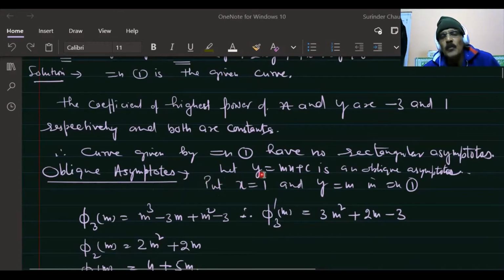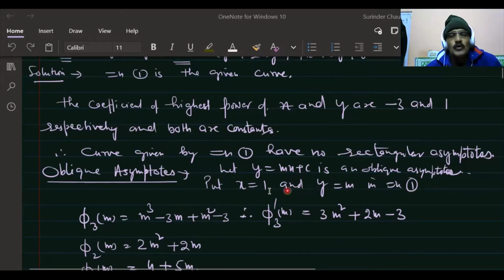Now to obtain oblique asymptotes of the type y equals mx plus c, we put x equal to 1 and y equal to m in the different degree terms of the rational algebraic equation.